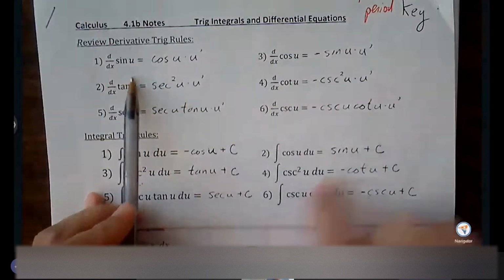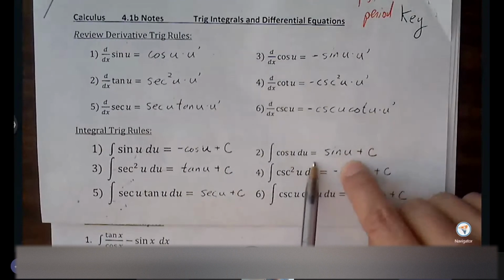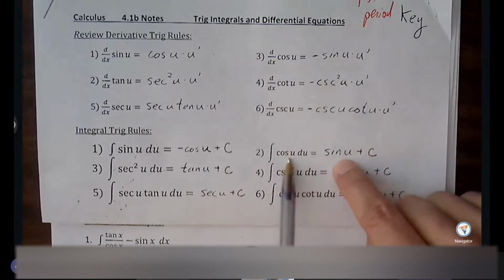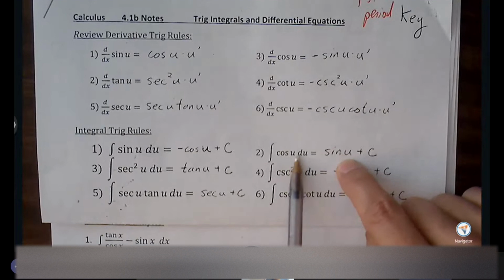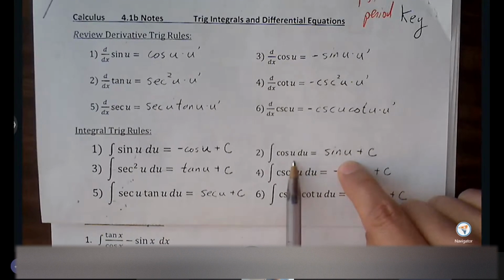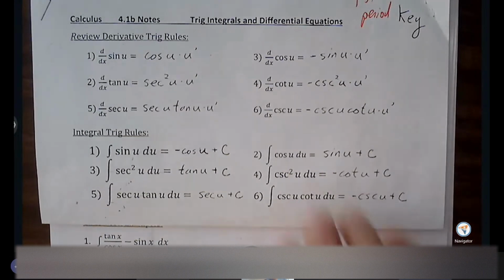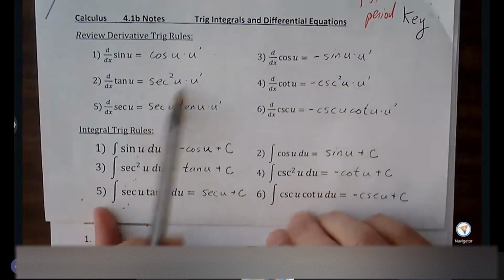So that's exactly what's happening here. The integral of cosine is just sine of u plus c. And just think of u as x for now, and we'll see how the u is going to play a role as we look at more complex problems. But I just want you guys to see that pattern here.